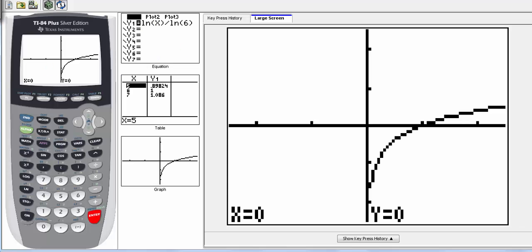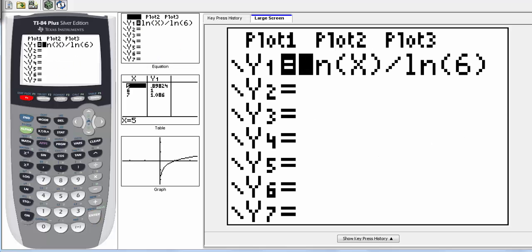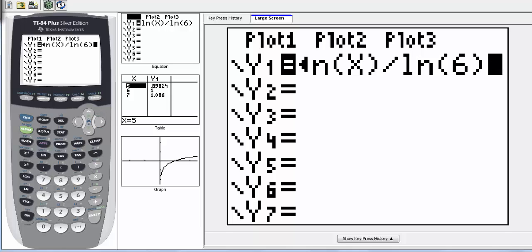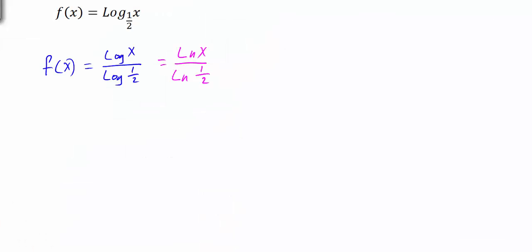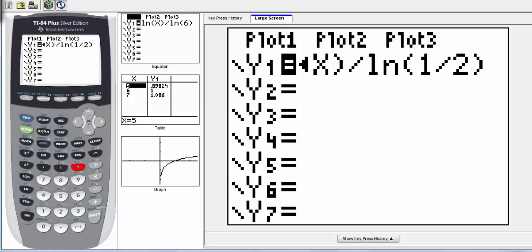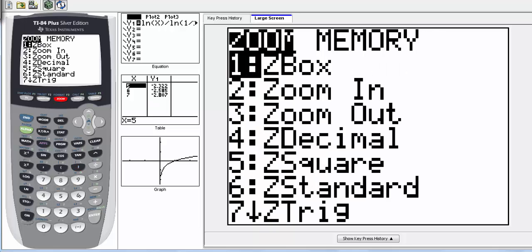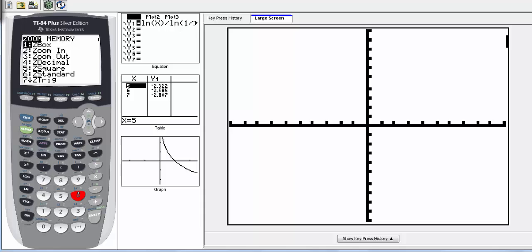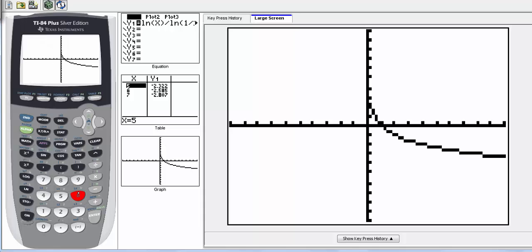So if we go to the calculator again, we can go into y equals, and we already have the natural log of x, so I'm just going to scroll over, and in place of the natural log of 6, we would simply type in the natural log of 1/2. So we would type in 1 divided by 2, and I'll start with zoom standard, so that's number 6. And we have the graph of our logarithmic function.